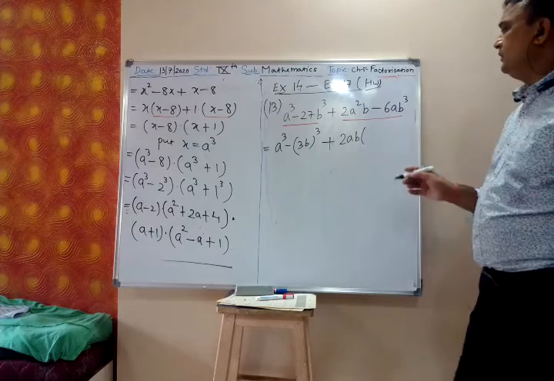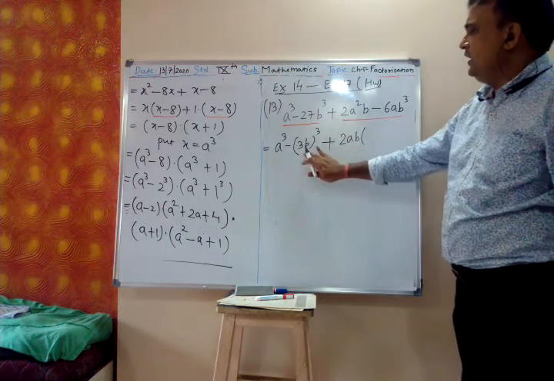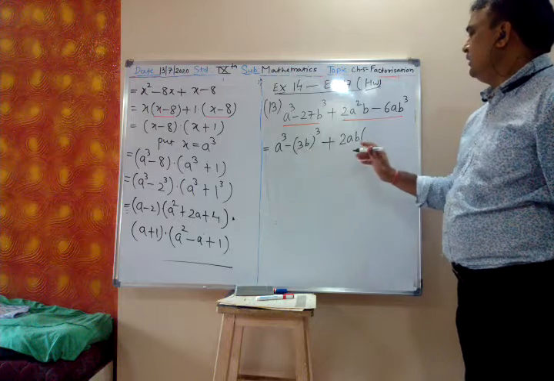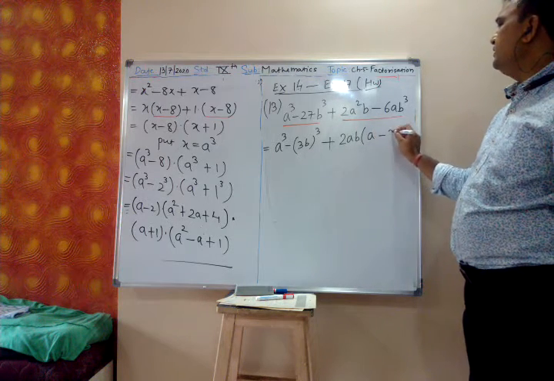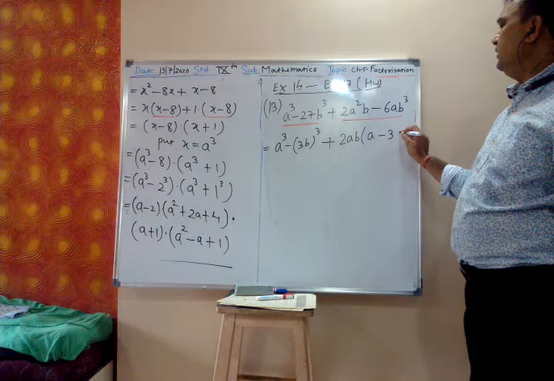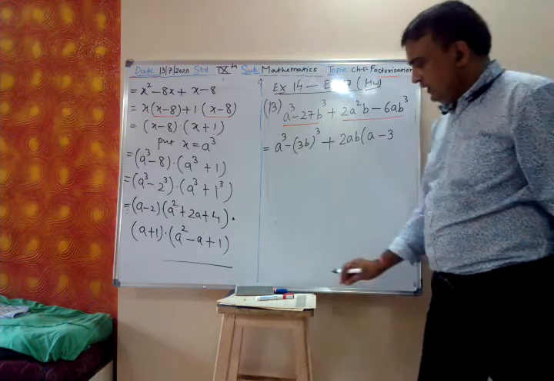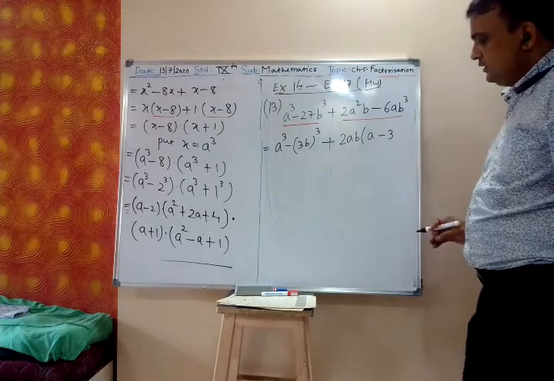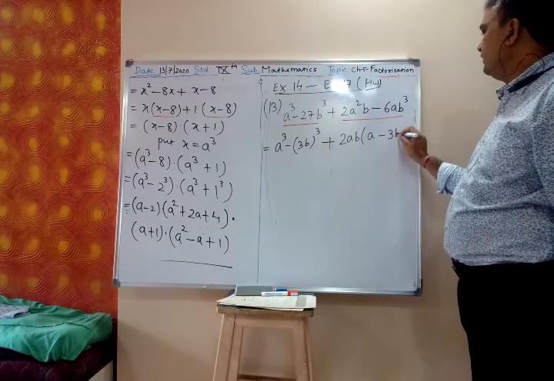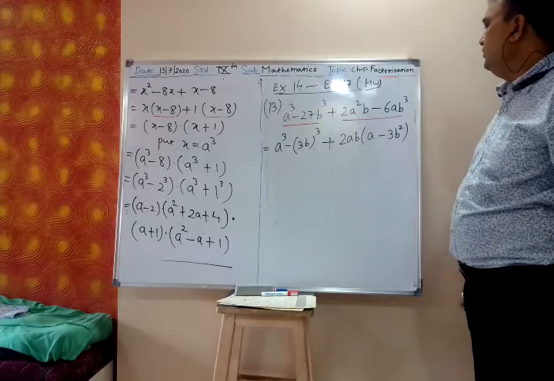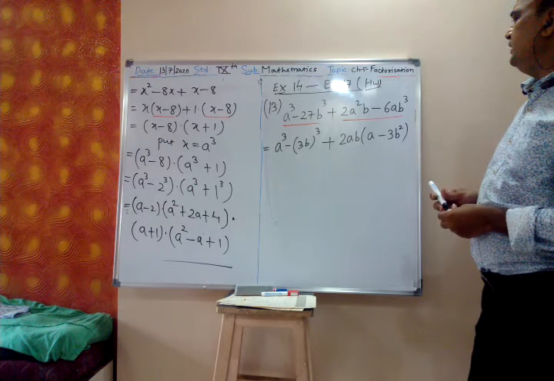Next step, in these two 2ab is common, then it is a minus 3b, and minus 6ab cube. In these two, 3b square, a minus 3b square.